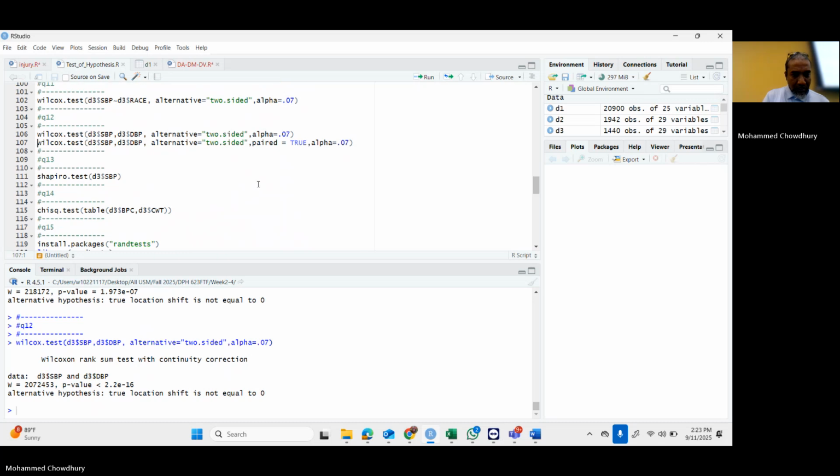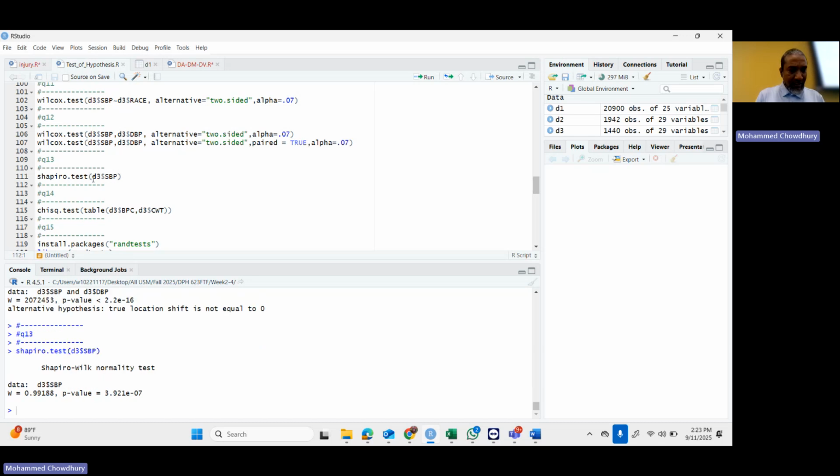Okay. Now I want to test whether SBP is normally distributed or not. That could be done by running this Shapiro dot test.